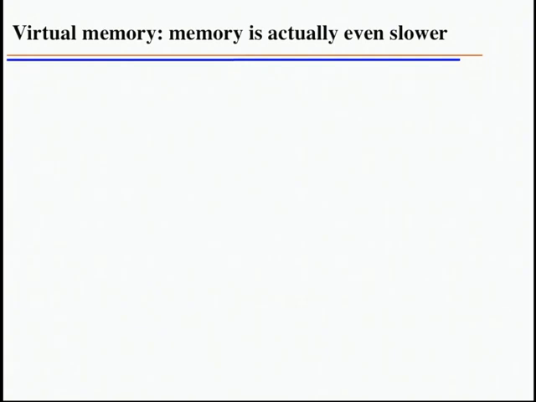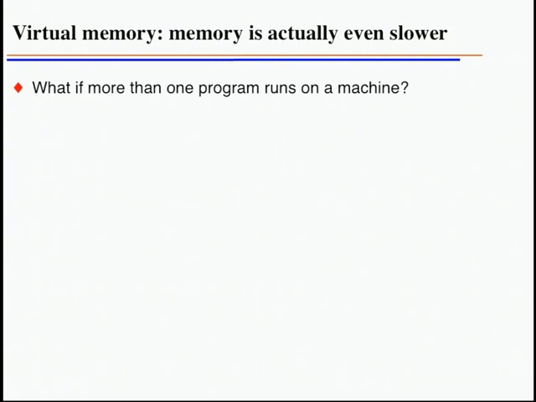Right. So that was one part of the memory system. Unfortunately, everything is even more complicated and hence even slower. Namely, there's a so-called virtual memory system, which is a solution to 2 problems. Namely, first, what happens if you have several programs that run on the same machine?